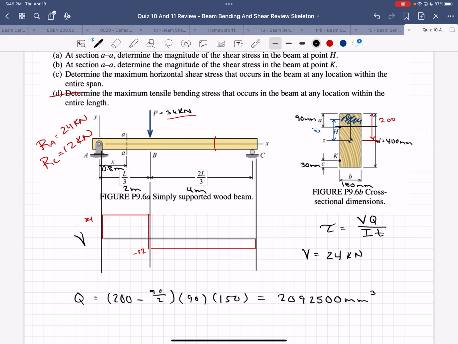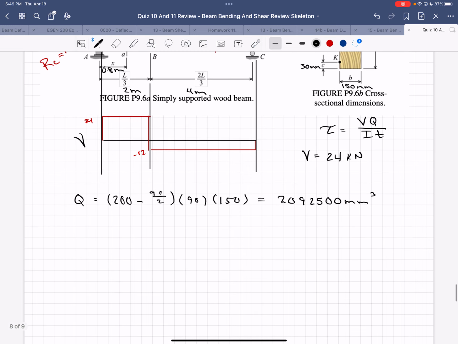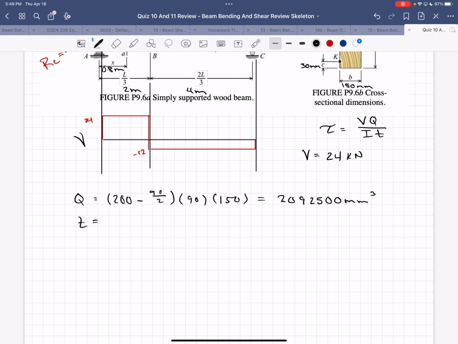Okay. T. What's T? 150. Right? It's actually 150. Okay, so T, 150. Is there ever going to be a different T for this problem? No. 150 millimeters.